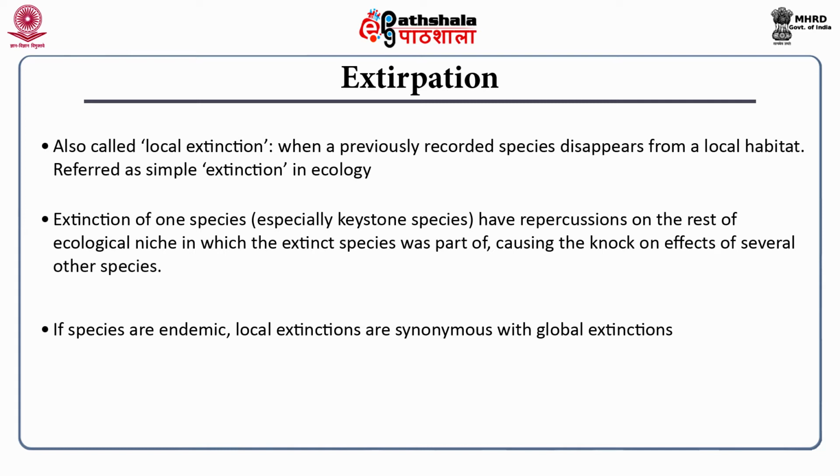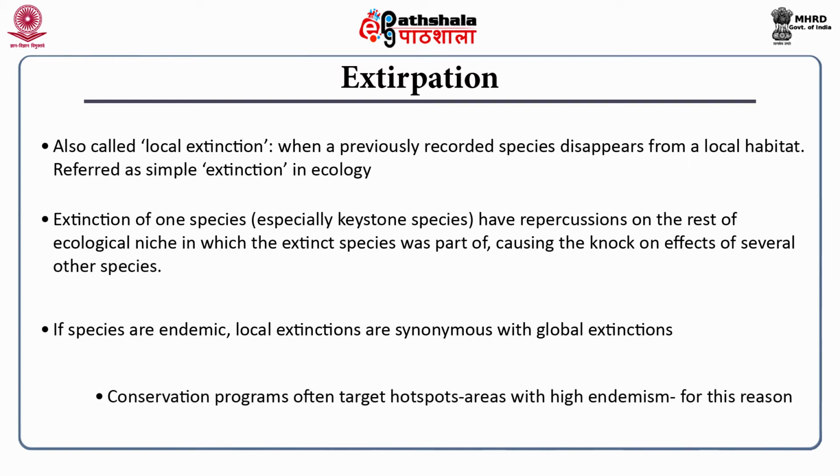So, in terms of endemic species, extinction from a single locality, for example, a fish going extinct in a lake, if that is an endemic species found only in that particular lake, is synonymous with global extinction. So, that is the reason the conservation programs often are biased towards hotspots, the areas with high endemic organisms.